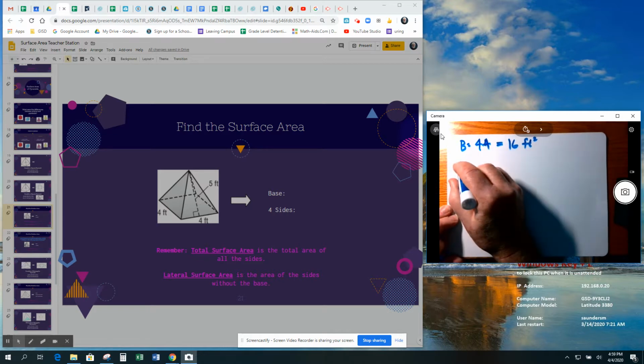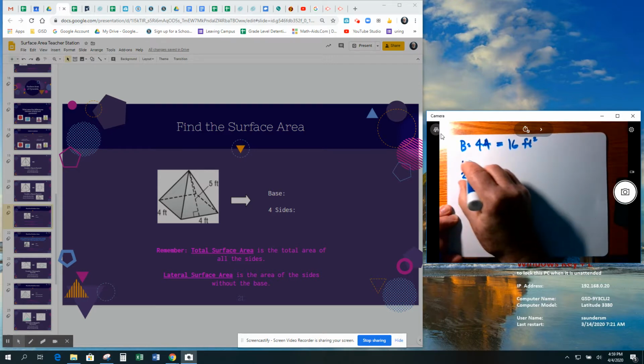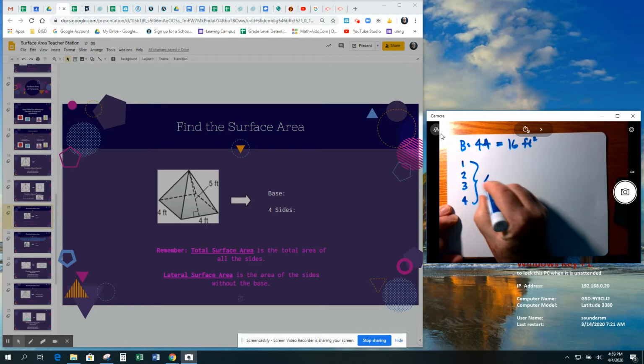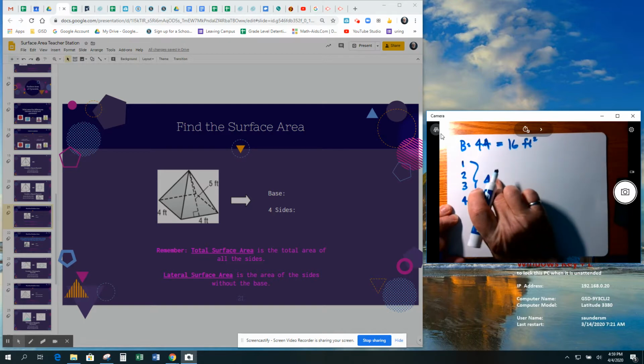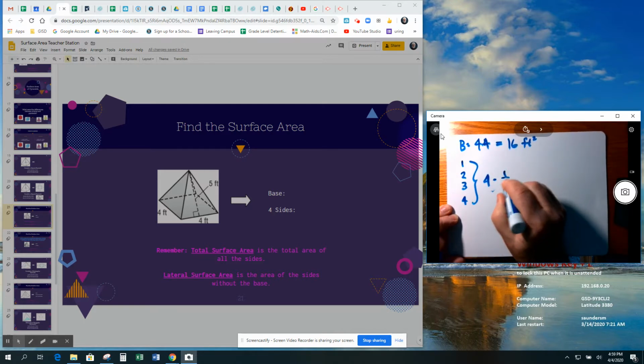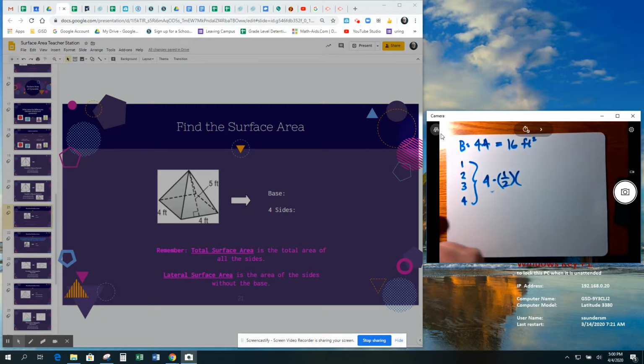So I'm going to say side 1, 2, 3, and 4. They're all going to be the same. So 4 times, and they're triangles, so I'm going to use a dot. 4 times 1/2. And the base of each triangle is 4. So you can see the base right here. Base of each triangle is 4, and the slant height is 5.